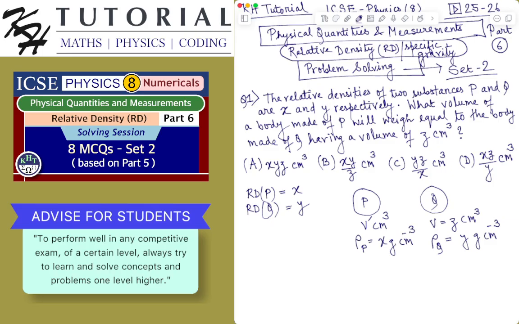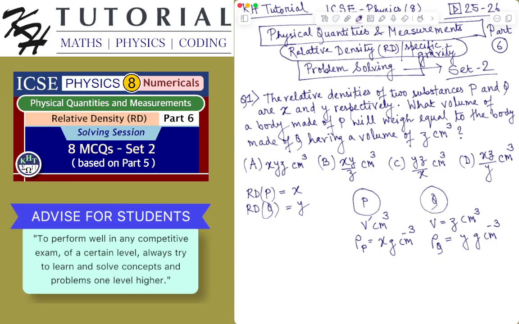Now the problem says what volume of a body made of P will weigh equal. That is, the weight of the body made of P is equal to the weight of the body made of substance Q. This means that the mass of the body of P will be equal to the mass of the body made of Q.